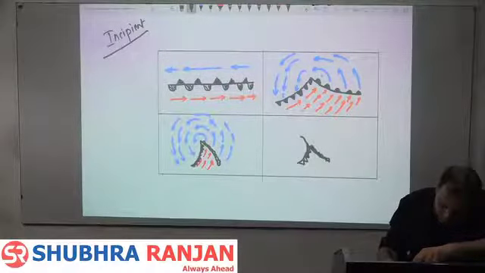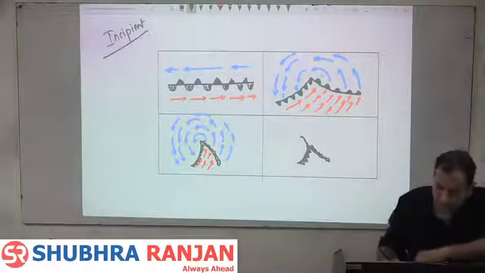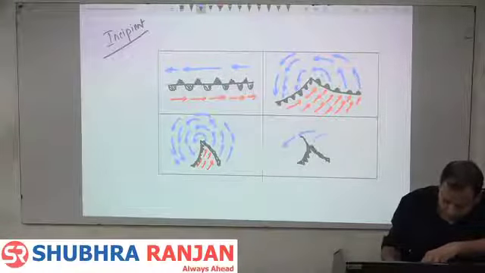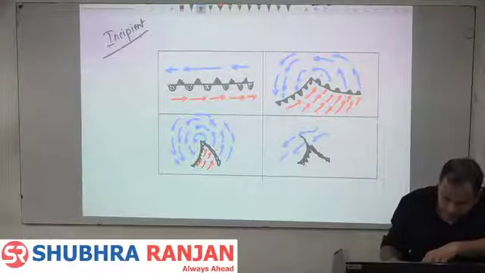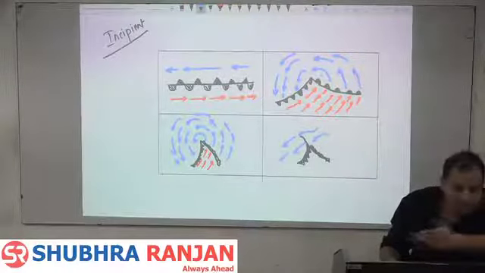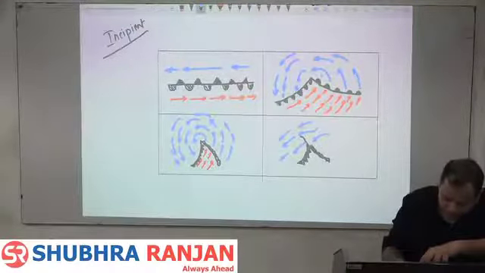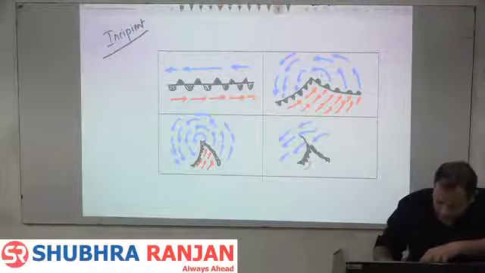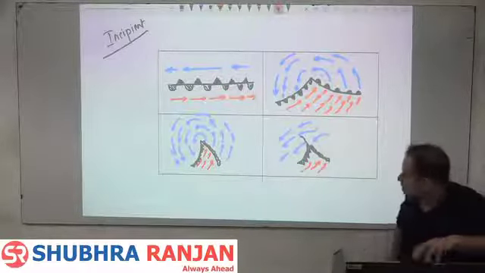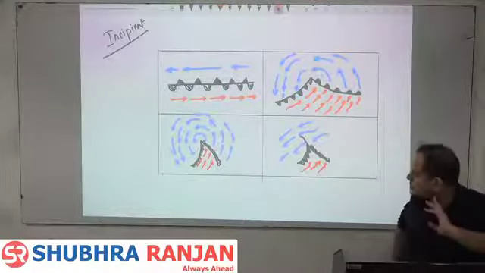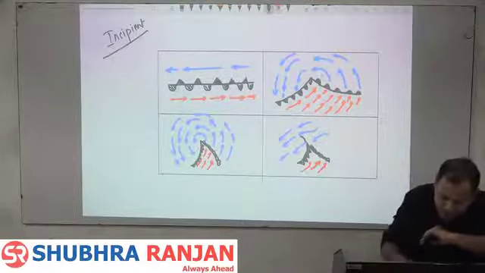And you can draw the diagrams. It is given in 6 stages. I have made it in 4 stages for you, because 4 stages are easy to remember.